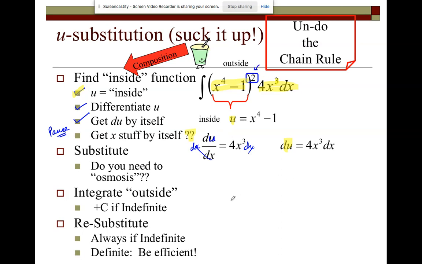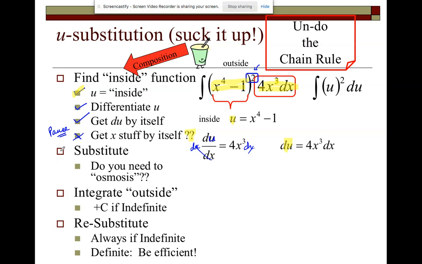That's what I need. So u and du, there is nothing left in my integrand in terms of x, nothing. So rewrite, right? I paused. I did not need to do any rewrite with any of this x stuff.